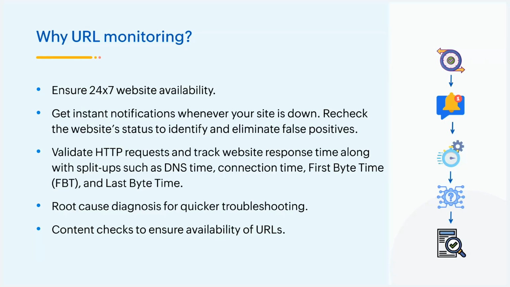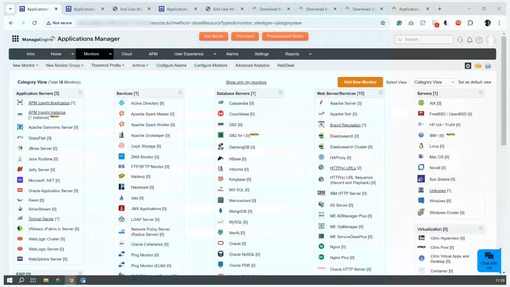Now let's have a quick look at the URL monitor in the UI. So we are now in the UI of Applications Manager, wherein we provide support for over 150 applications and servers with categories such as application servers, database servers, web services, cloud apps, and more.